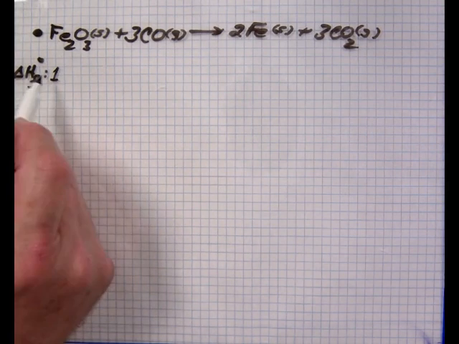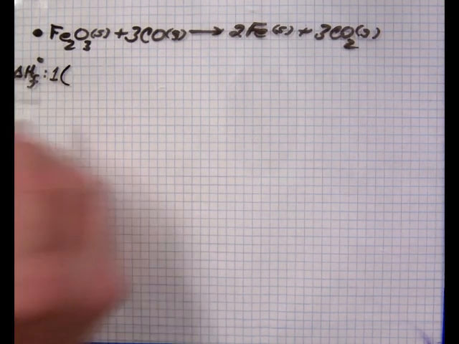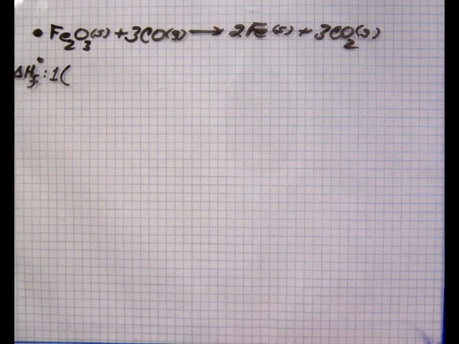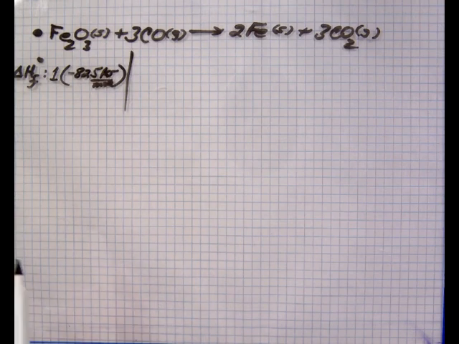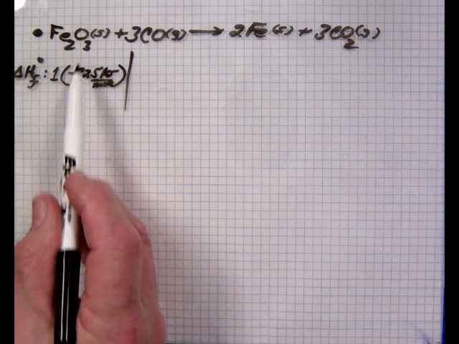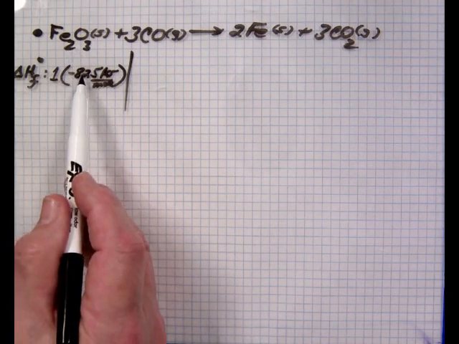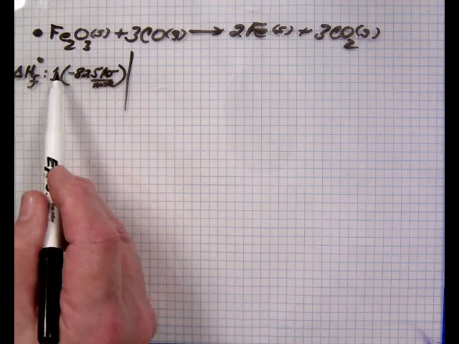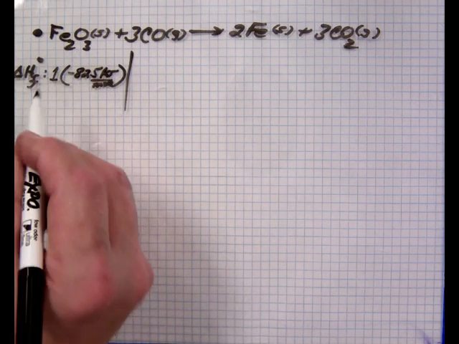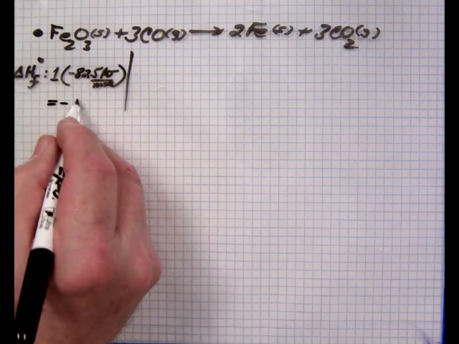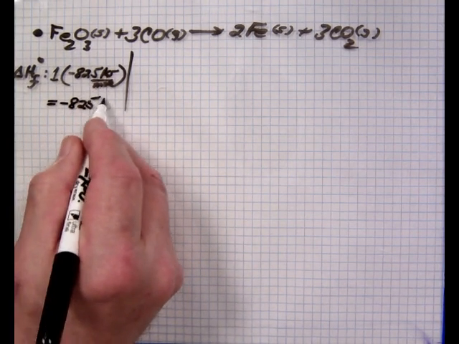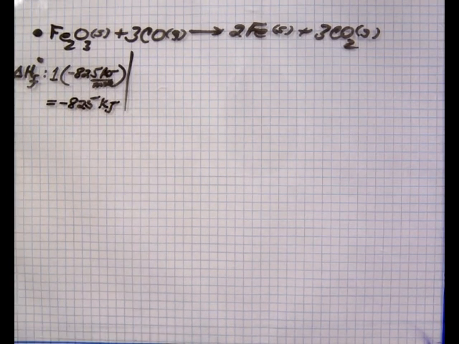When I write a 1 like this and then put the delta H up, that's 1 mole, because it just gets so crowded on the page, it's almost ridiculous. By looking up the iron oxide, it's negative 825 kilojoules per mole times 1 mole, and so the number I have here is a negative 825 kilojoules. See what I did? All I'm doing is multiplying by the coefficient.